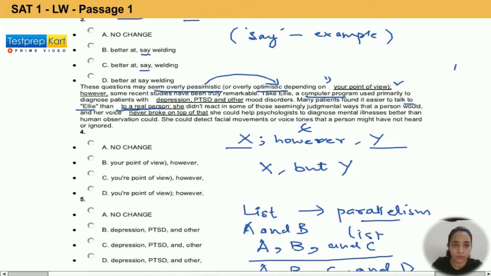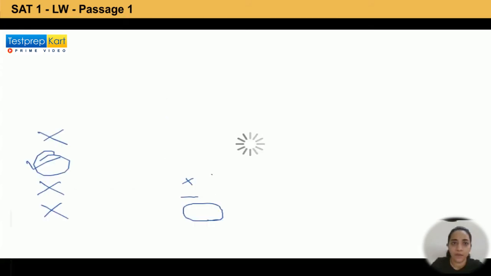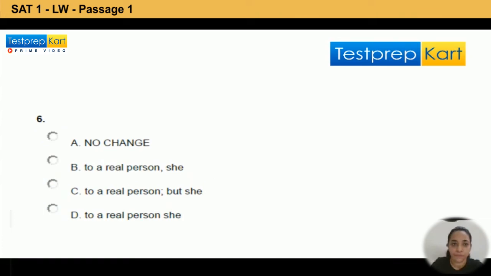Let's scroll down. So question number 6, let's open it here. So here this part is okay. Now let's look at some examples. So, an example to give some sort of emphasis.